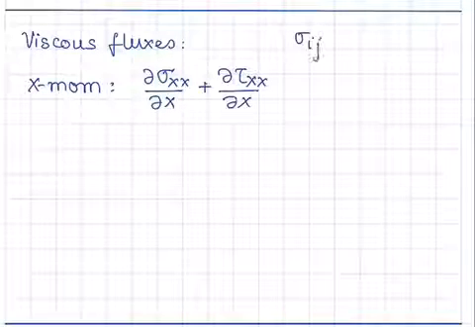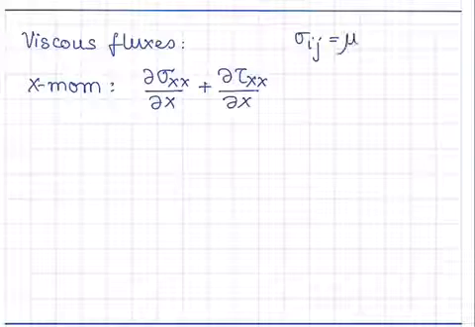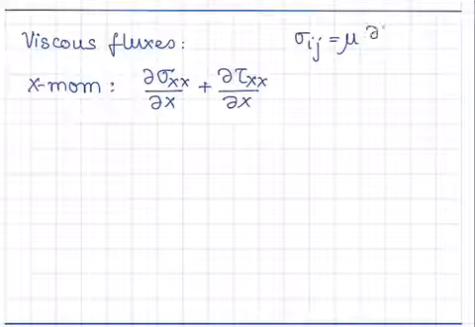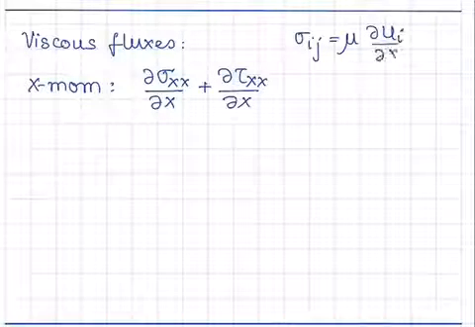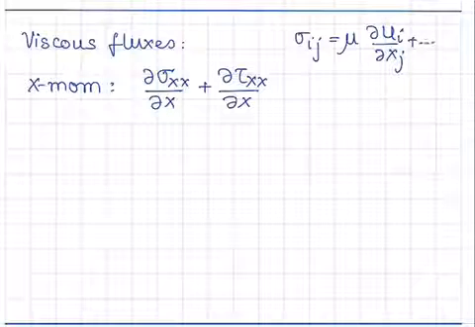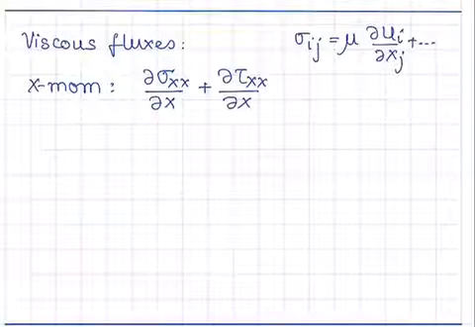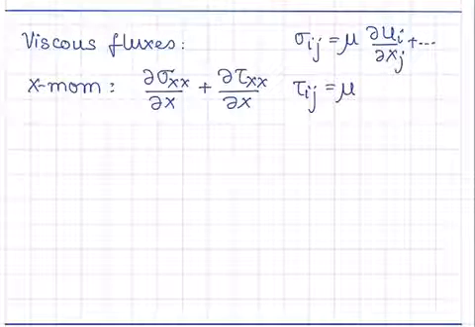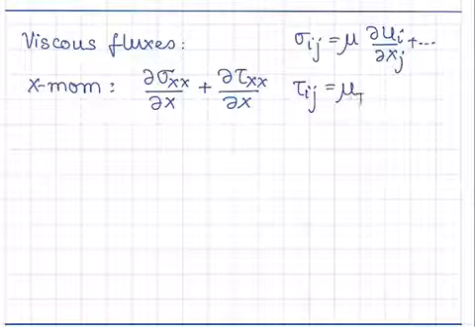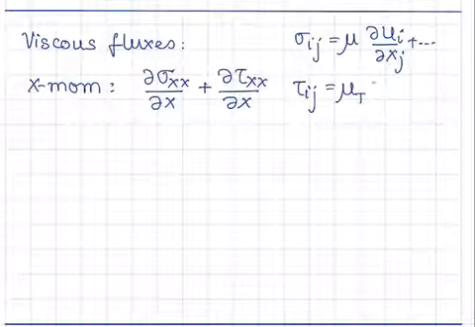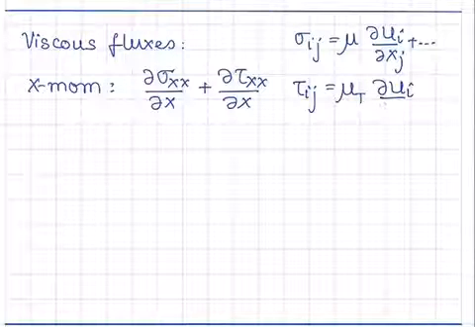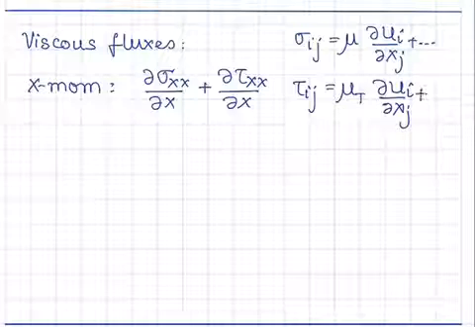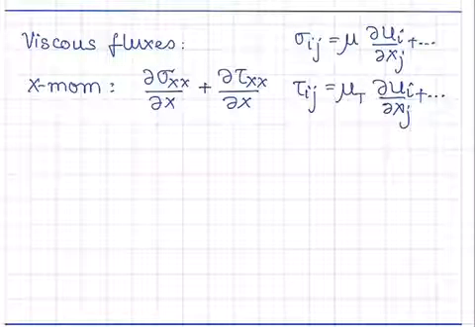Let me remind you that sigma ij is defined in terms of molecular viscosity times dui/dxj, and similar terms. Tau ij has a very analogous form where we replace mu by mu t, the eddy viscosity, and the rest of the form is almost identical.